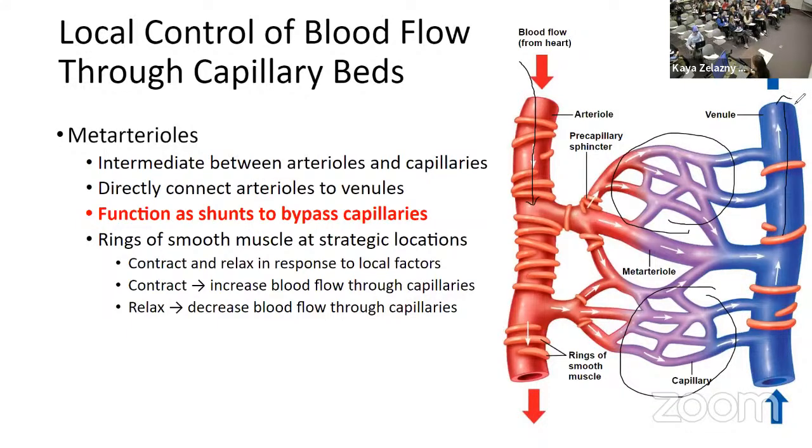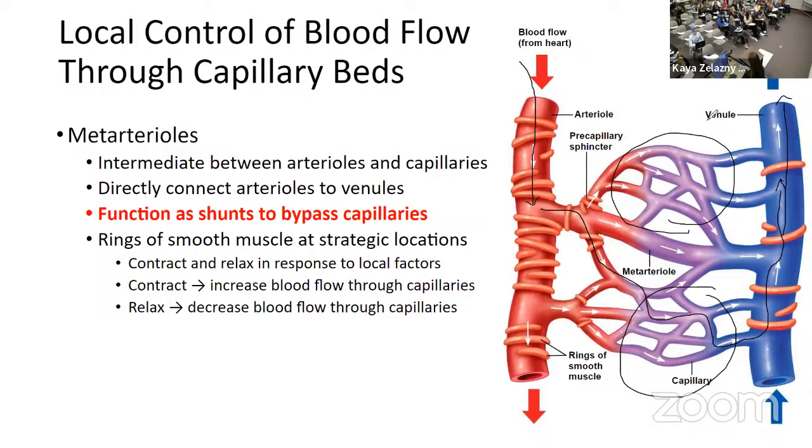So when you have blood coming from the heart through an arteriole, the path it travels is hopefully at least some of the time going to be just through these capillaries, right? I'm just traveling some random pathway through these capillaries, pretending I am a red blood cell.